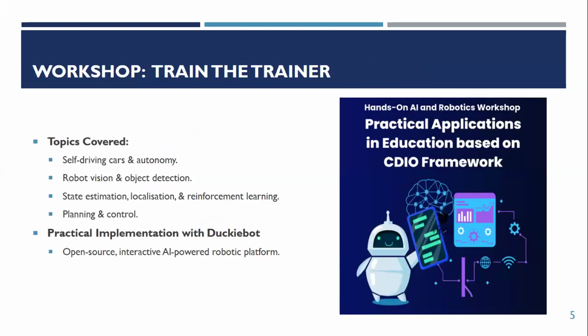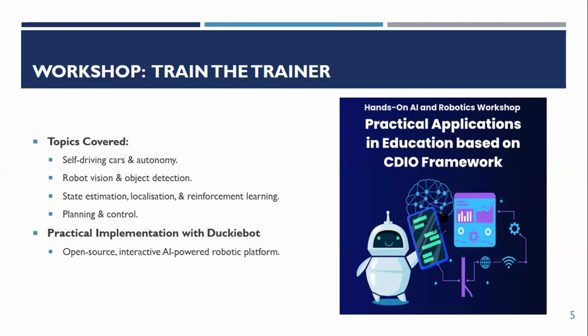So then we designed a workshop for the trainer to train the educators. This workshop was titled Practical Applications in Education and was based on the CDIO framework. We covered various topics in it, and we designed structured sessions to cover key AI and robotics topics step by step.